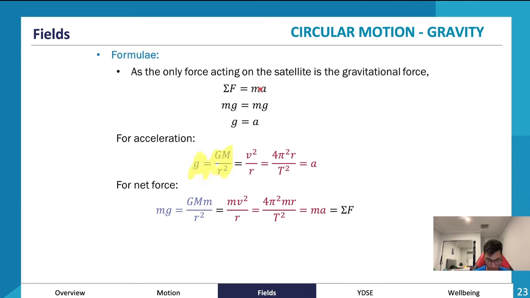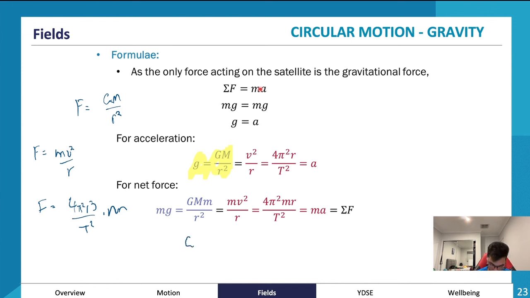It comes from a gravitational field's formula, where force is equal to GMm divided by r squared. And we can equate that to our circular motion formulas because we know force is equal to mv squared on r, or force is equal to 4 pi squared r divided by T squared times the mass. And when we equate those two, we get this formula.